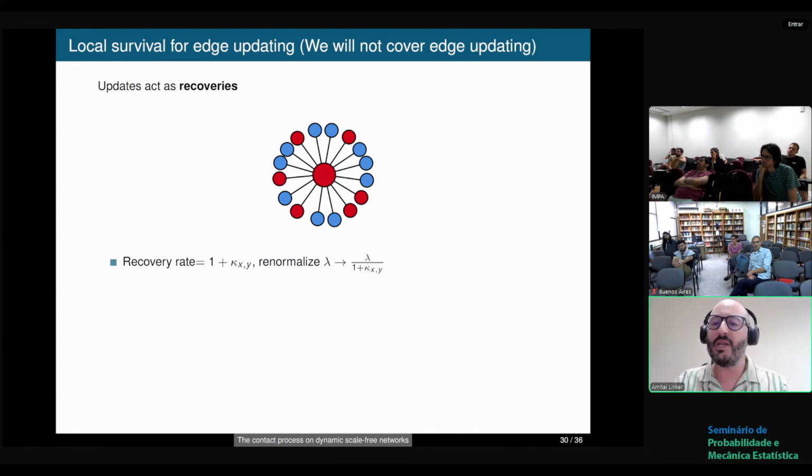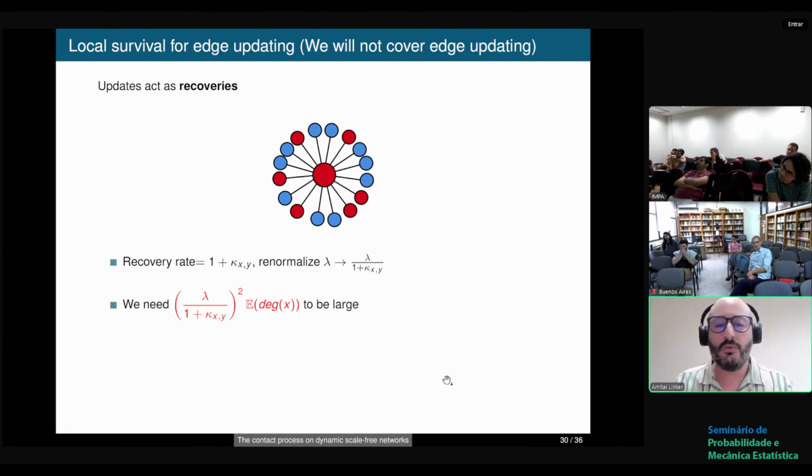These updatings, you can see them as recoveries. So basically there is a contact process with some recovery and some additional recovery on top. You can think of it as recovery rate 1 plus kappa xy. If you renormalize, you recover a contact process with this infection rate and recovery rate 1, and then you are just as in the static case.